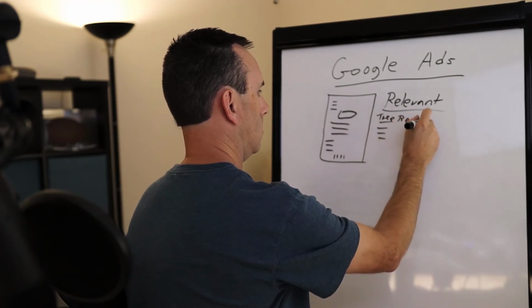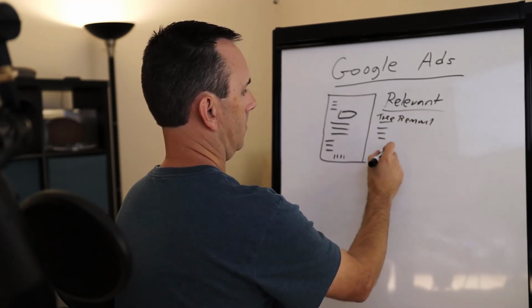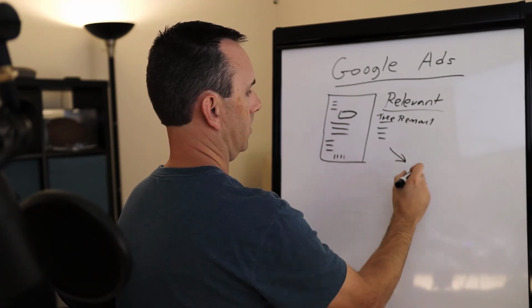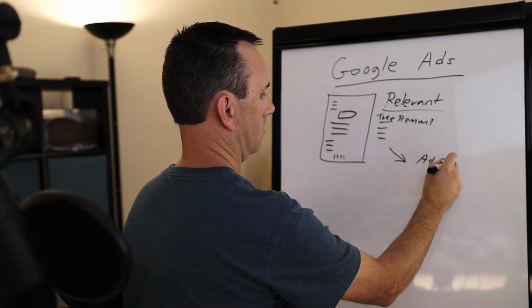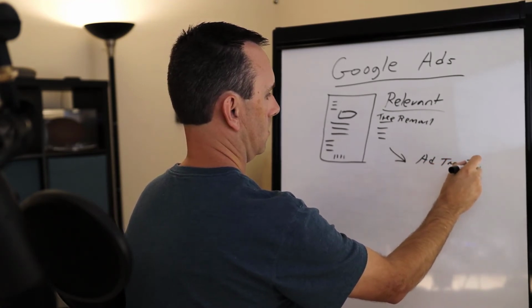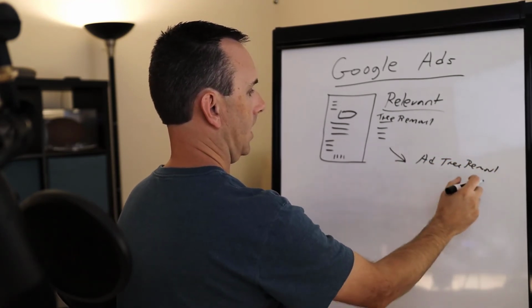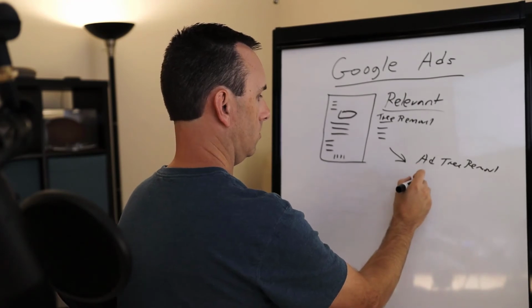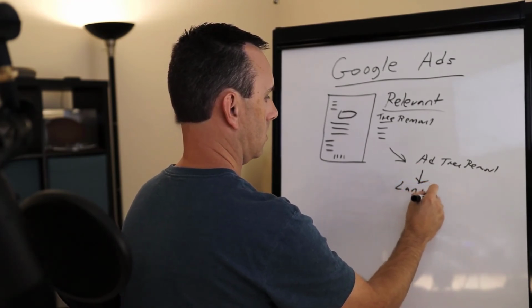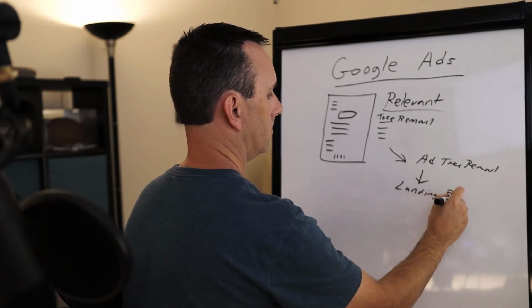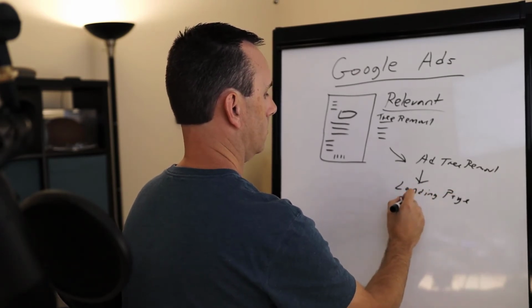I'm going to then send those keywords to an ad about tree removal. That ad for tree removal is going to then go to a landing page about tree removal.